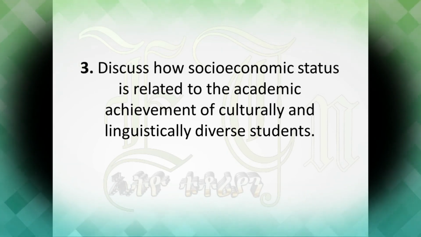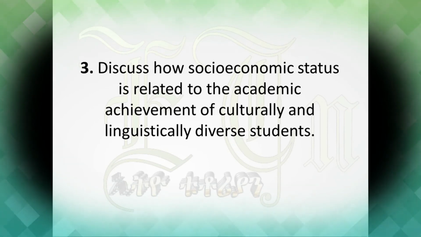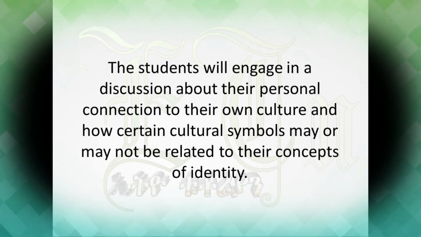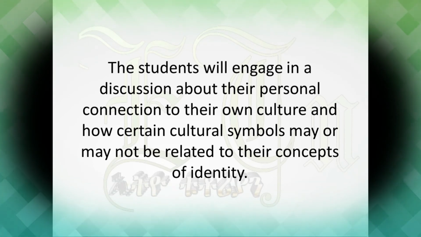Discuss how socio-economic status is related to the academic achievement of culturally and linguistically diverse students. The students will engage in a discussion about their personal connection to their own culture and how certain cultural symbols may or may not be related to their concepts of identity.